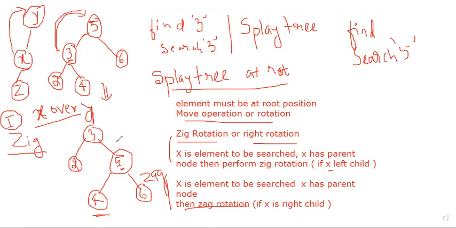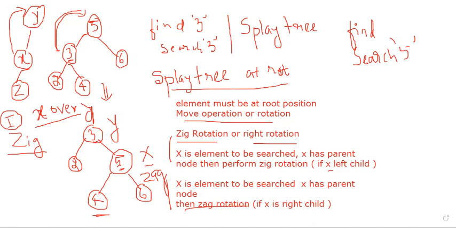Here the element to be searched is X, and X is the right side of Y. So you have to rearrange the elements of the tree such that the element to be searched is placed at the root node.